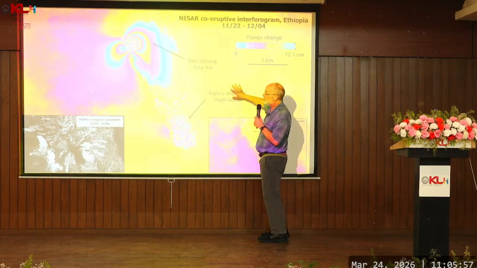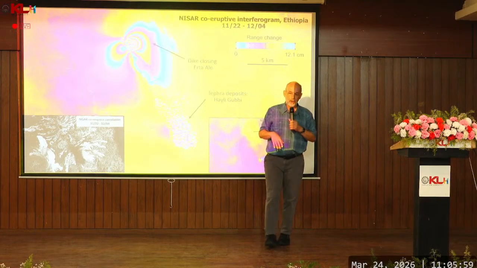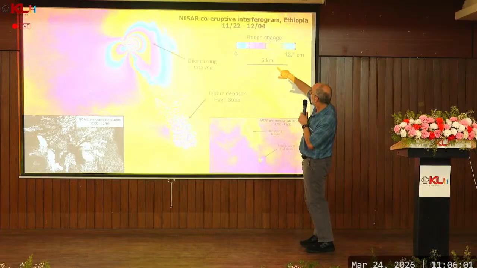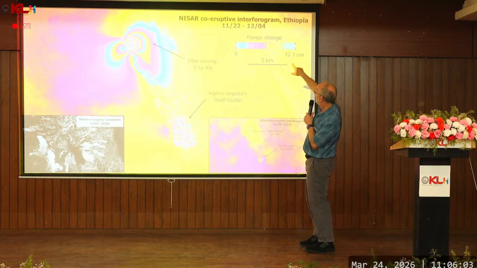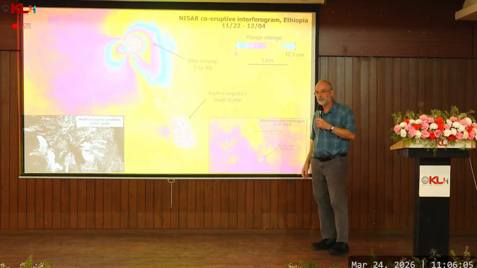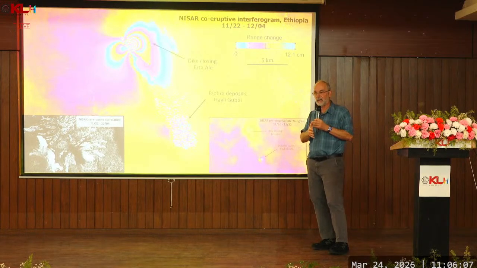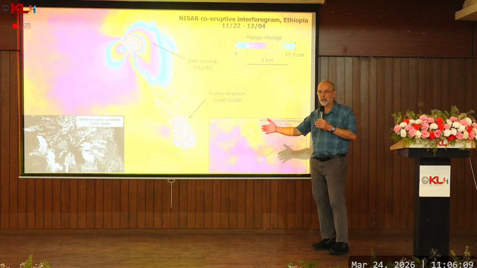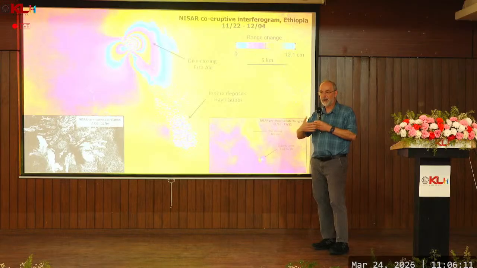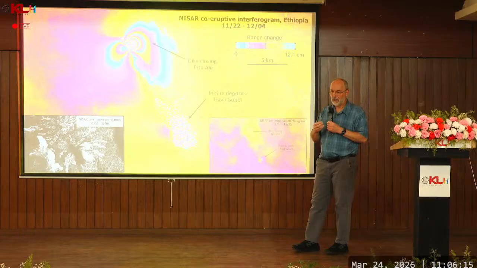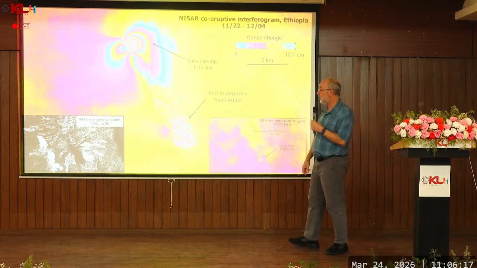And this is an interferogram that was made from the 22nd of November to the 4th of December. One image was taken, 12 days later another image was taken, and they were compared interferometrically. The phase is a measure of the motion of the surface in a relative sense.